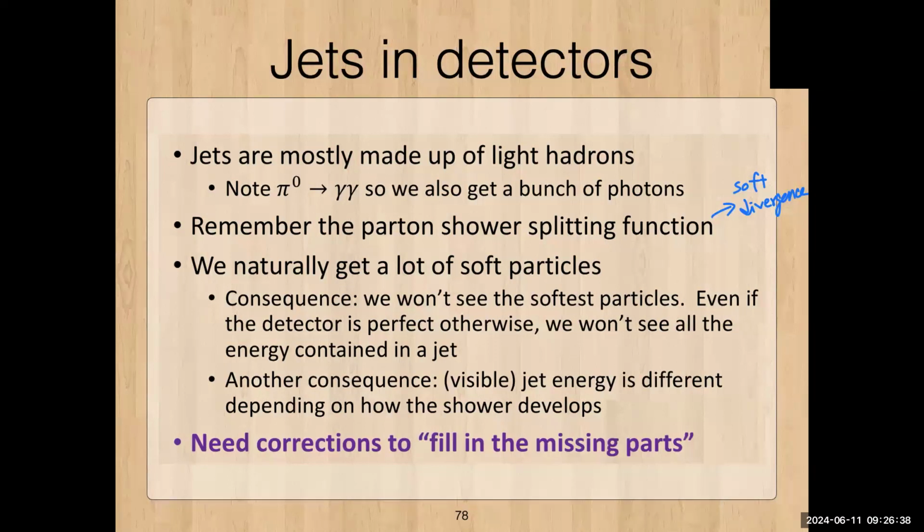So if the particle is too soft, it will just be circling there, never making it to the first layer of the detector. And so essentially what this means is that naturally we will have a lot of invisible energy in the jets. Depending on detector design, this can range from a few percent to 10%, something in that order.